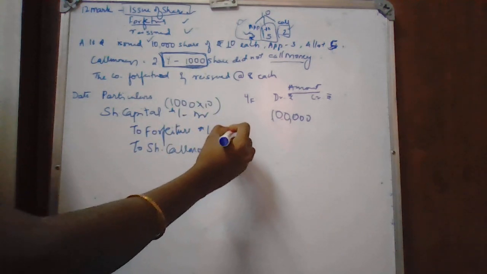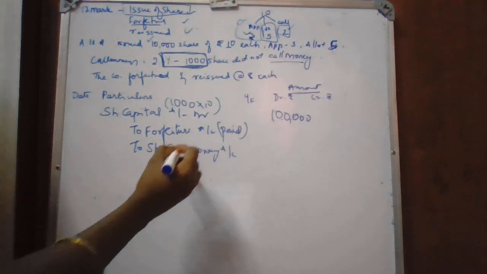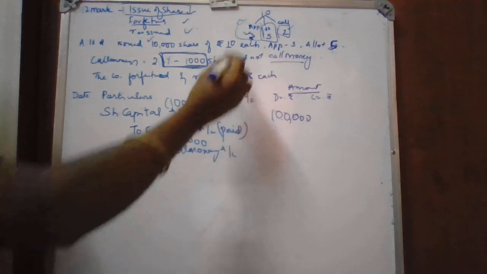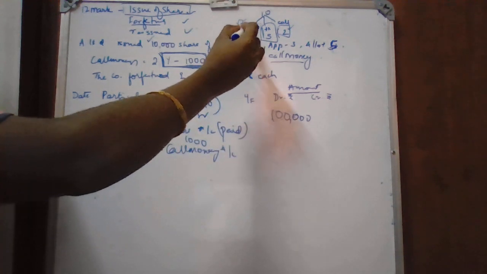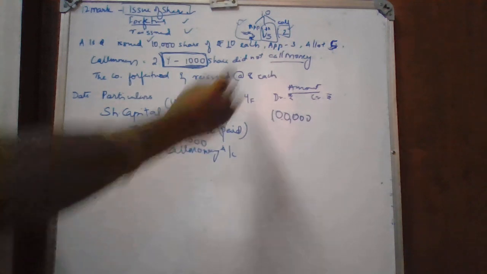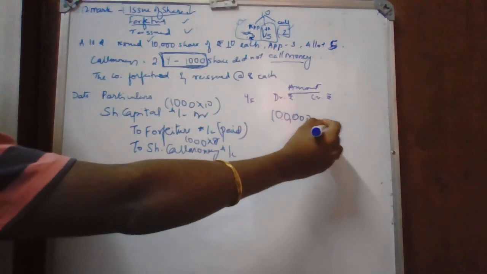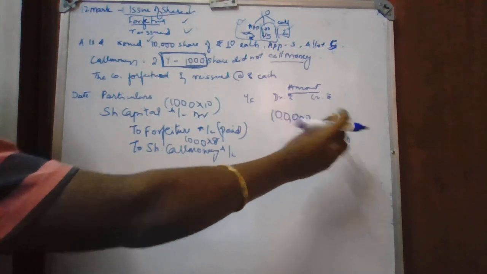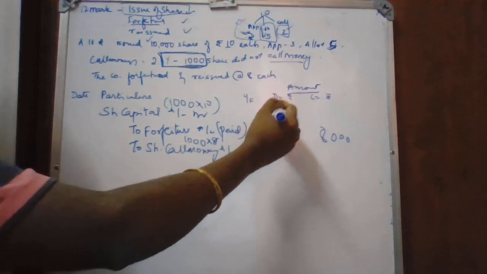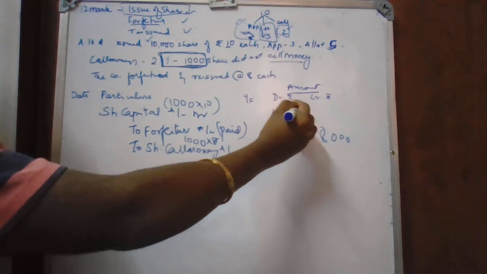Forfeiture is paid up. What is paid? 1,000 into 3 application they have paid, 5 allotment is paid. So 5 plus 3, 8 into 1,000. So it is 8,000. It is 10,000, not 1 lakh. It is 10,000.